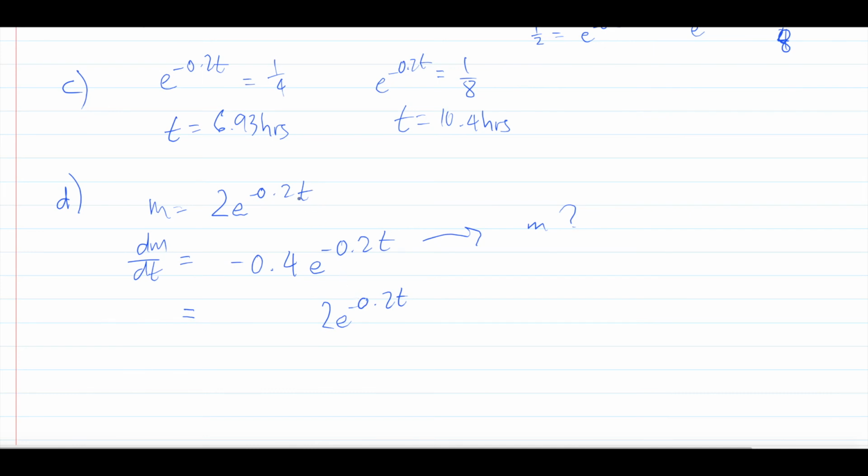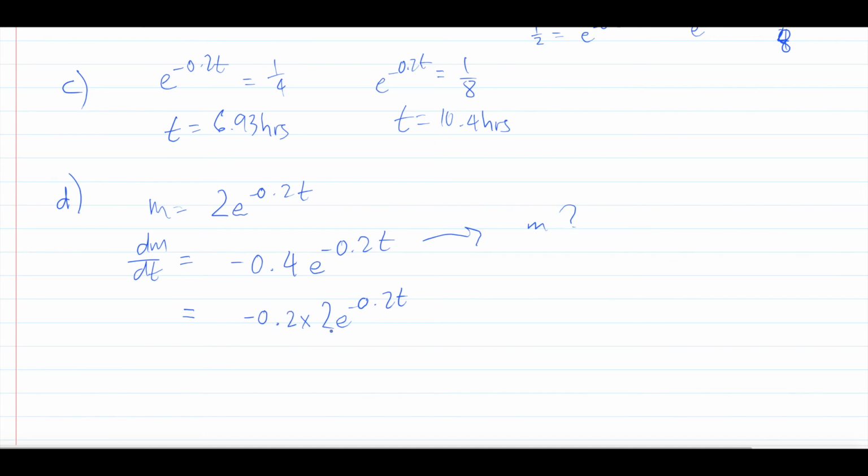We know that you can substitute m in over here, but then we can't lose that. It's originally negative 0.4. How can I get it so that negative 0.4 becomes 2e to the power of negative 0.2t? Well, if we know we need a 2 here, what can we multiply the 2 by to get negative 0.4? You can multiply it by negative 0.2, right?